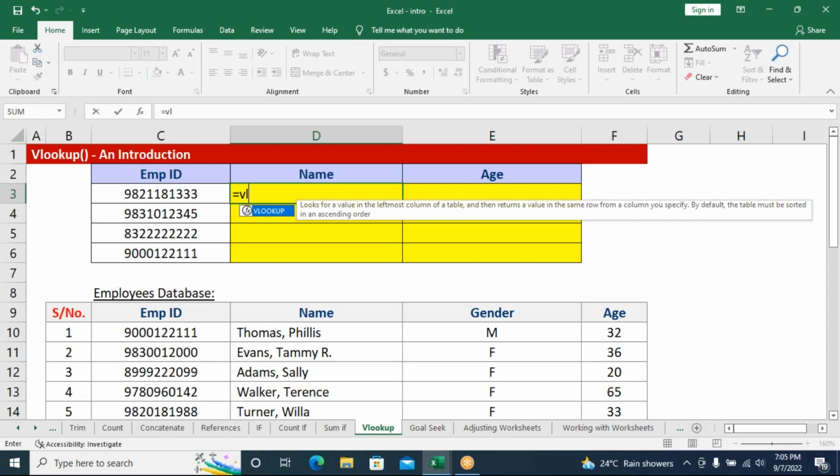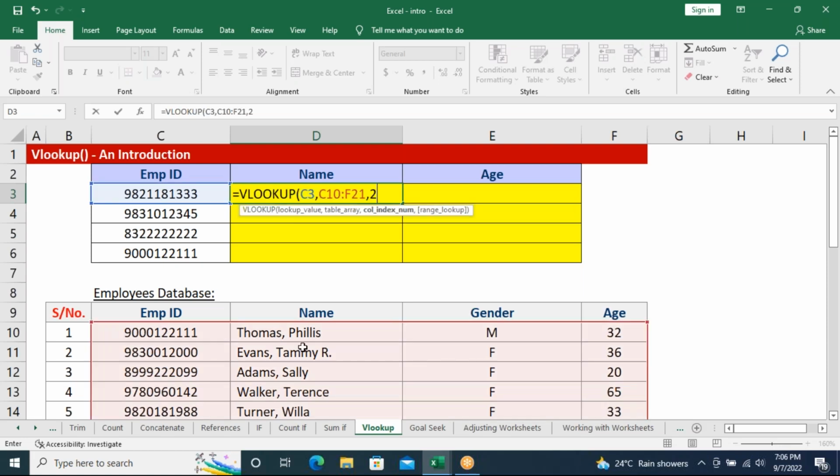Okay. I'll close the parenthesis and enter. The same way, I will show the age also. We open the parenthesis and the lookup value. Based on this, I'm searching. This is my lookup value, and I have to select my table array. My table array, I'm starting it from employee ID to age. You can see the moving lines.